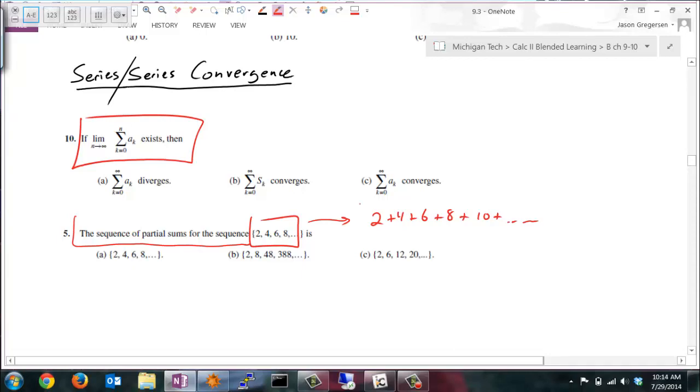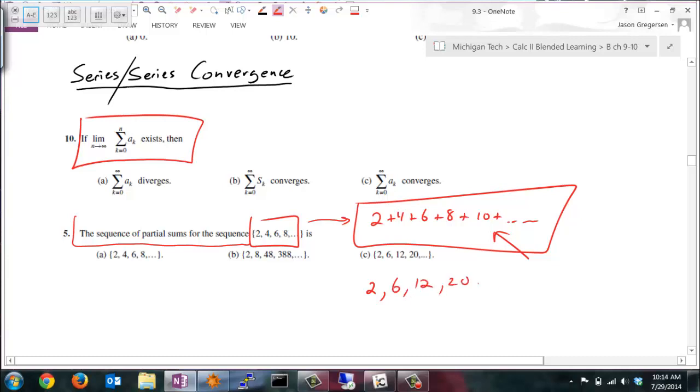But to find out if this thing converges, I would create a new sequence and then check to see if that sequence converges. I don't go backwards to this sequence, I go forward. This is my new series. To find out if it converges, I look at the sequence of partial sums. I create a new sequence that's 2 and 6 and 12 and 20 and 30, dot, dot, dot.